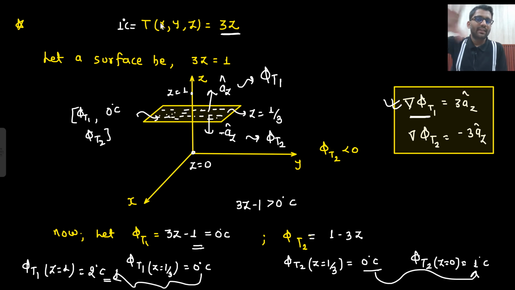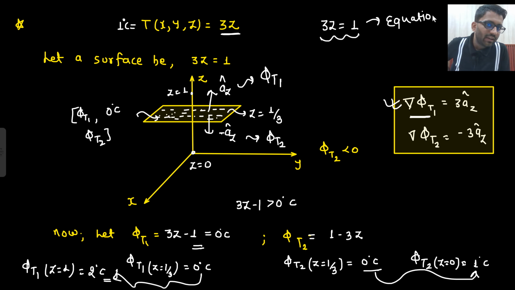So let's just say there was some scalar function. I equated it to a constant value. Then this would give me an equation of a plane. From the plane, I can get another scalar function, that is 3z minus 1.